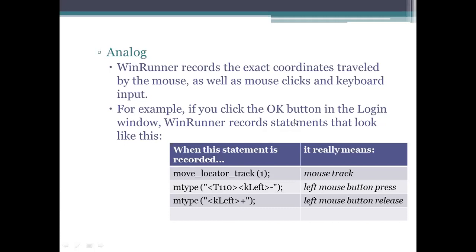If you see below, there is a tabular representation which has the three actions recorded, and both are considering the mouse interactions only. So here it is tracking. If it is tracking, what it is doing is it has been moving.